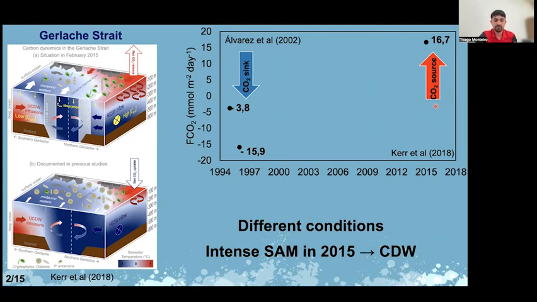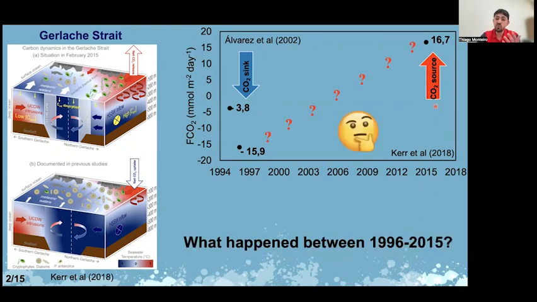So the explanation is good, fair enough, but at that time, we were wondering what happened between these two years, between 1996 and 2015, and if this region changed its behavior in terms of the CO2 fluxes, or if there is an interannual variability and these two years kept the signal of this interannual variability.